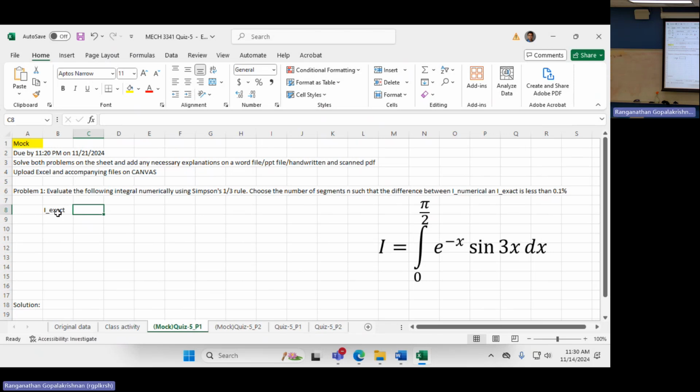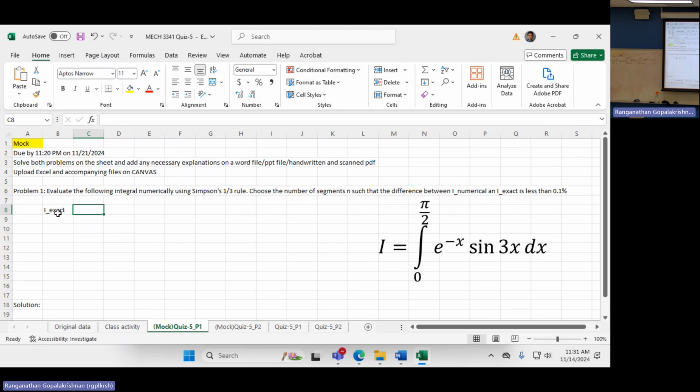I equals 1/3 times (b minus a) divided by n, times f of x naught plus 4 times the sum over the odd indices i equals 1, 3, 5 up to n minus 1 of f of xi, plus 2 times the sum over j equals 2, 4, 6, and so on up to n minus 2 of f of xj, and then plus f of xn.